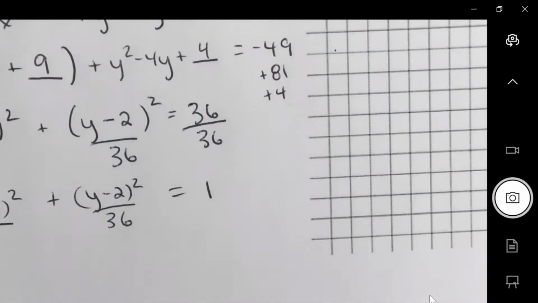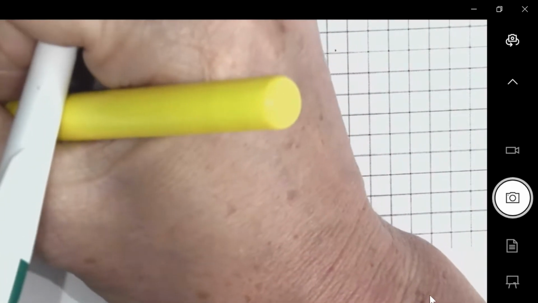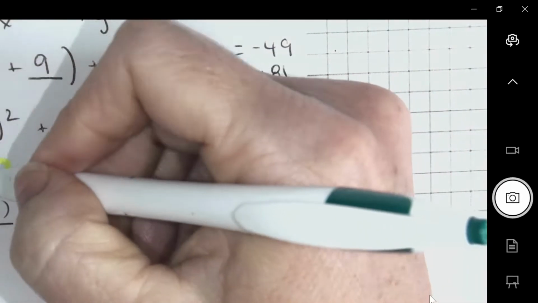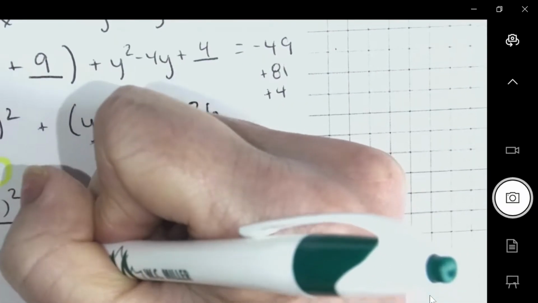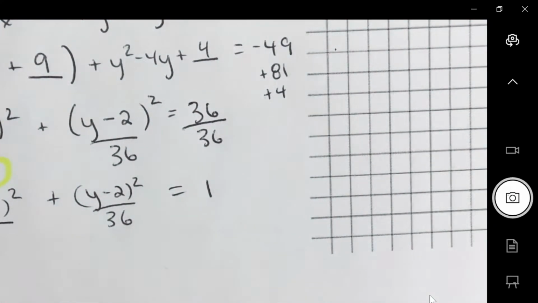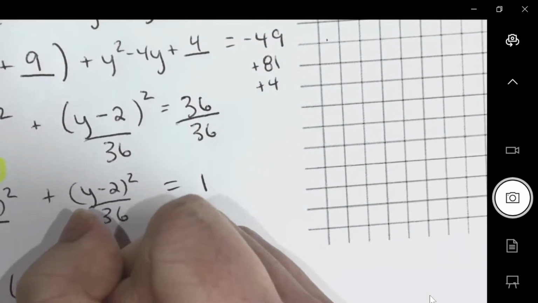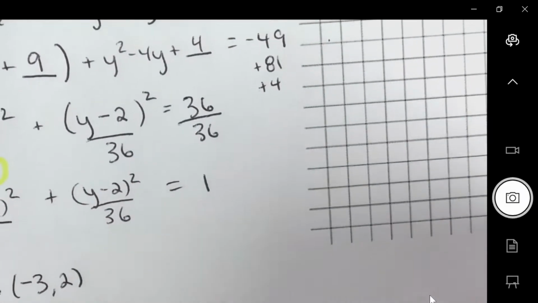And on this, you'll probably want to get that reduced. So if I divide both by 9, then that would change into a 4 then, right? Okay, so the center is going to be at -3, +2.